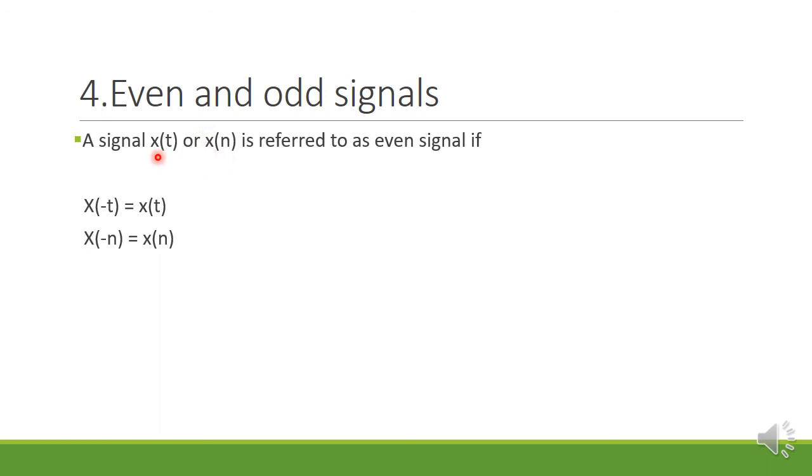If x of minus t is equal to x of t, it is called a continuous even signal. If x of minus n is equal to x of n, then it is called a discrete even signal.